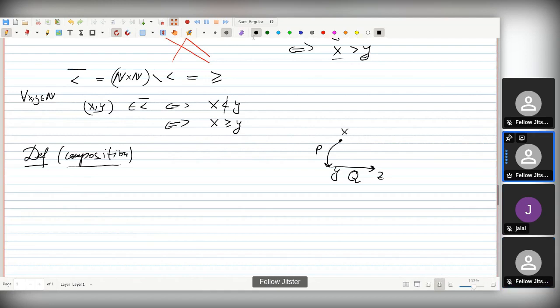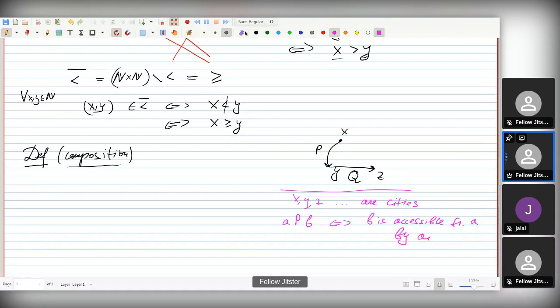Okay. We may consider something like that. Assume that x, y, z are cities. Assume that A P B means that B is accessible from A by air.